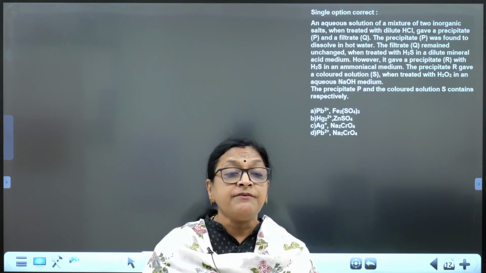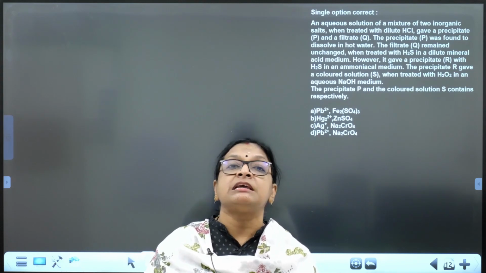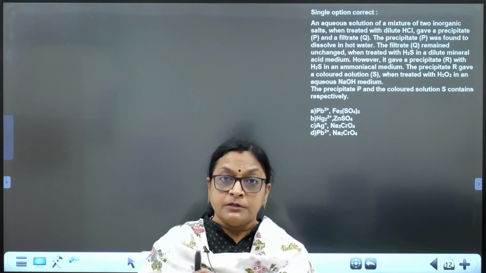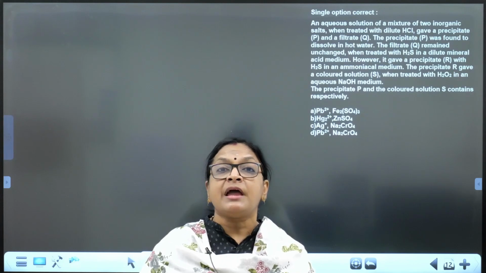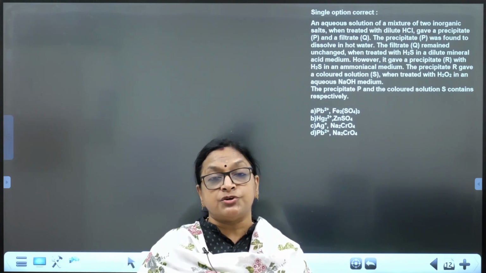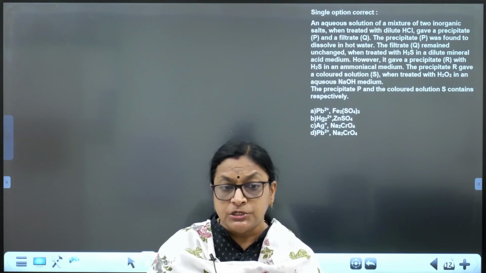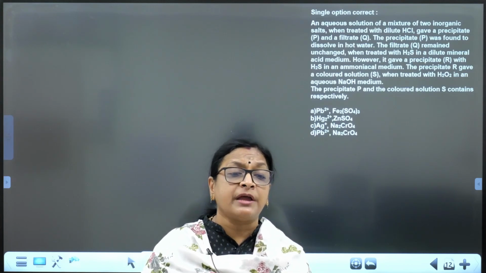So it gave a precipitate as well as a filtrate, meaning amongst these two inorganic salts, one cation must be a group 1 cation and the other cation must be present in the filtrate. So P has a group 1 cation in it.